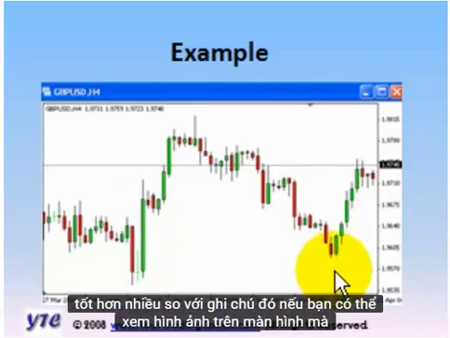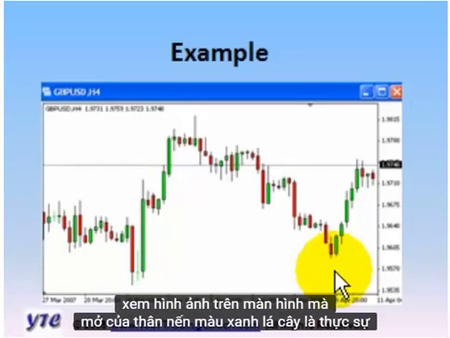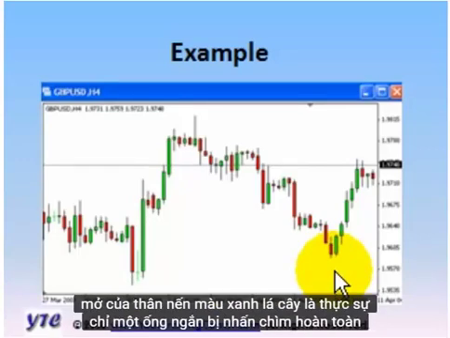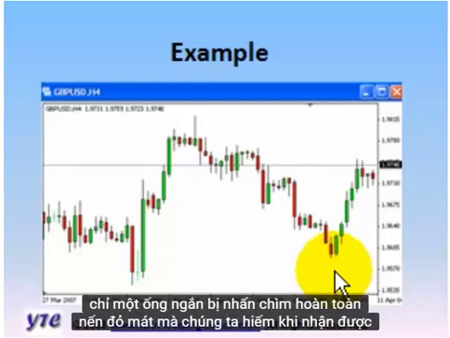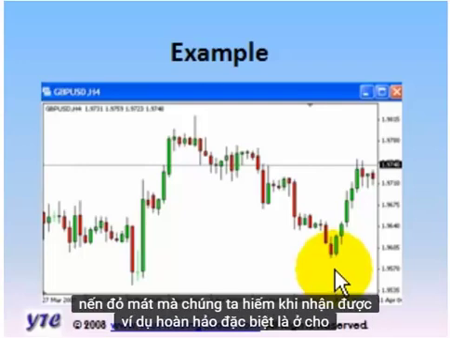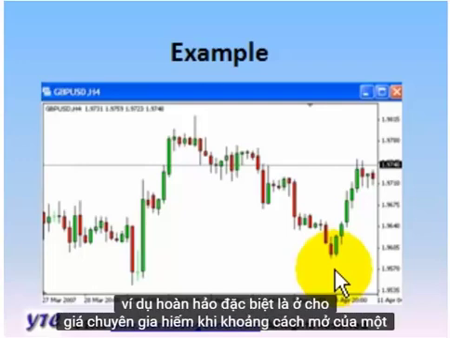Note, if you can see the picture on the screen, that the open of the green real body is actually just 1 pip short of fully engulfing the red candle. That's cool. We rarely get perfect examples, especially in Forex where price rarely gaps.